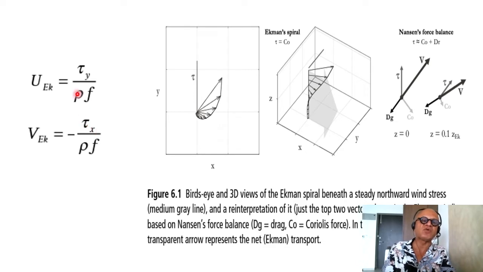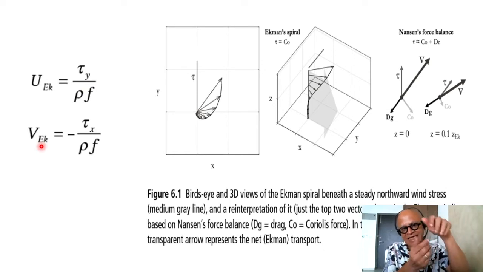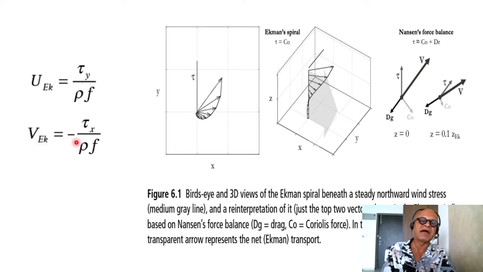If you integrate over that depth without saying exactly what that depth is, then you end up with zonal Ekman transport, which is related to meridional wind stress and the Coriolis, and meridional Ekman transport over the Ekman layer, which is minus tau x over rho f, so it's related to zonal wind stress.